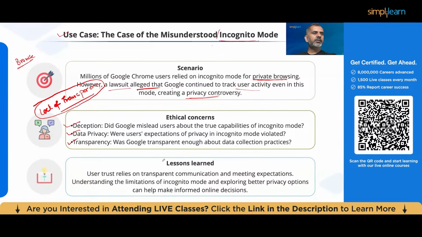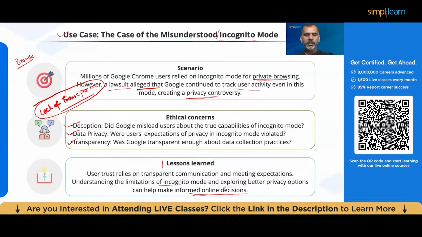So what are the lessons learned from this? User trust relies on transparent communication and meeting expectations. If you are claiming any services and you are fulfilling those services, then only can you earn the trust and become fully transparent. Understanding the limitations of incognito mode and exploring better privacy options can help make informed online decisions.